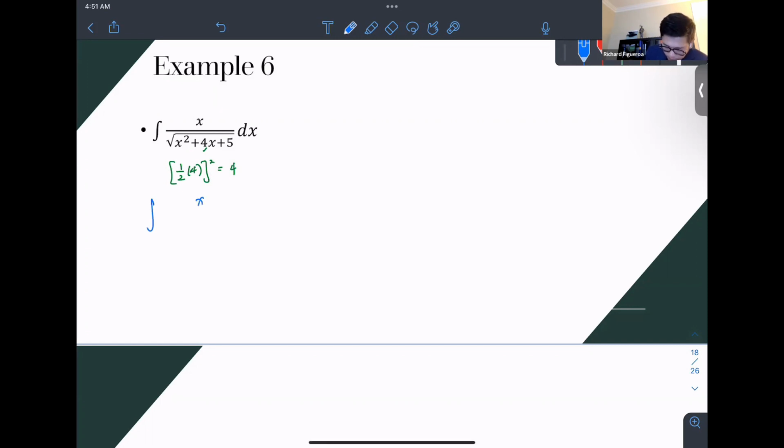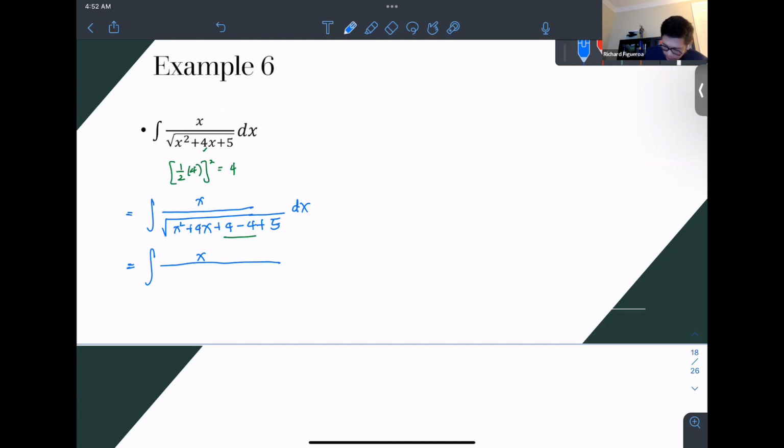That would be x over the square root of x squared plus 4x, then we add 4, we minus 4, then of course we have the plus 5. This is all we did, the plus 4 minus 4, because 4 minus 4 is still 0. So we haven't done anything on our integrand.